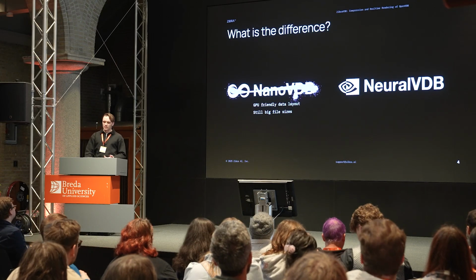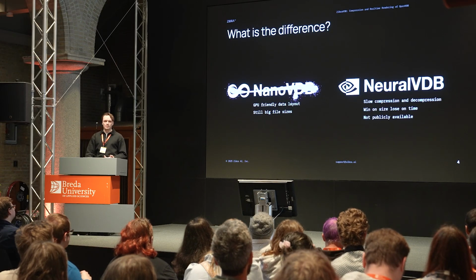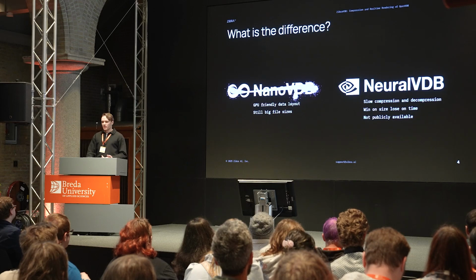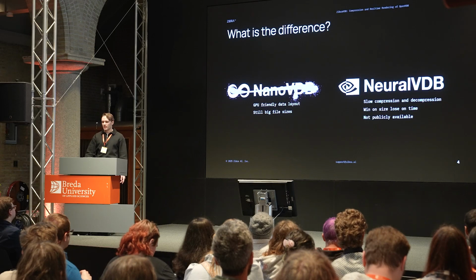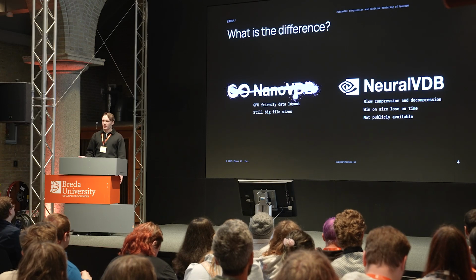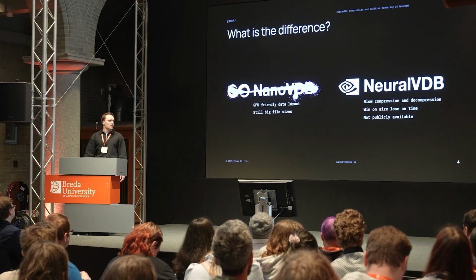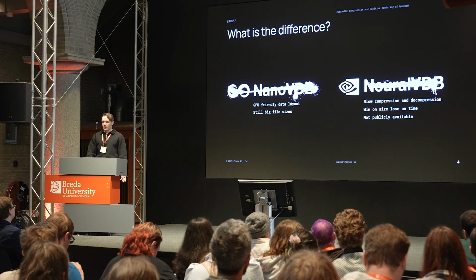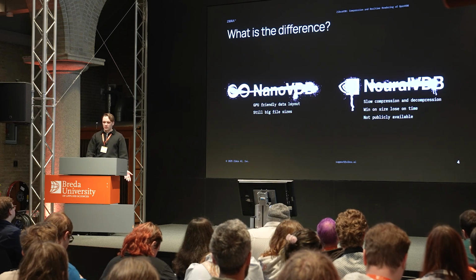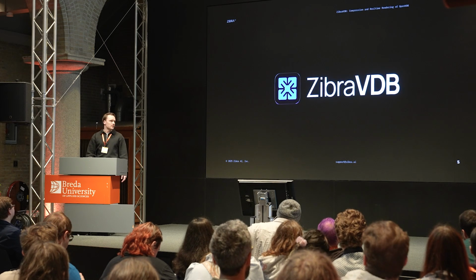And NeuralVDB, on the other side, makes even less sense because, yeah, it saves a lot of size, but it's very slow to compress and decompress. So you basically win on size, but you lose on time, and you lose a lot. And also, it's still in early alpha, so it's more like a pet project NVIDIA has, and it doesn't change much.